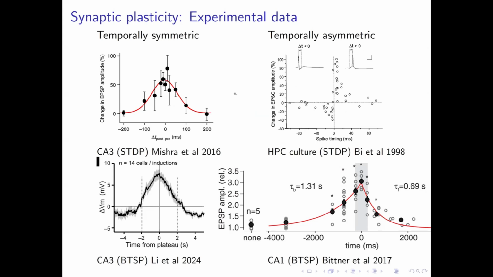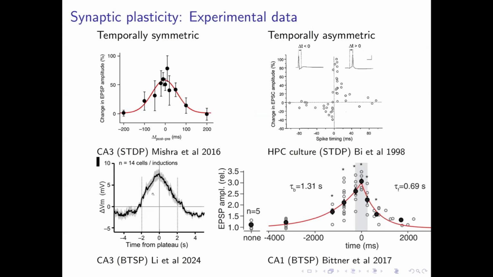There is a strong heterogeneity in the temporal symmetry of plasticity, but there is also a heterogeneity in the time scales of plasticity. In fact, while these experiments were done by pairing single spikes of pre- and postsynaptic neurons, there is a different form of plasticity that was recently discovered in the hippocampus called behavioral timescale plasticity, where now you pair a plateau potential of the postsynaptic cell with a burst of presynaptic activity.